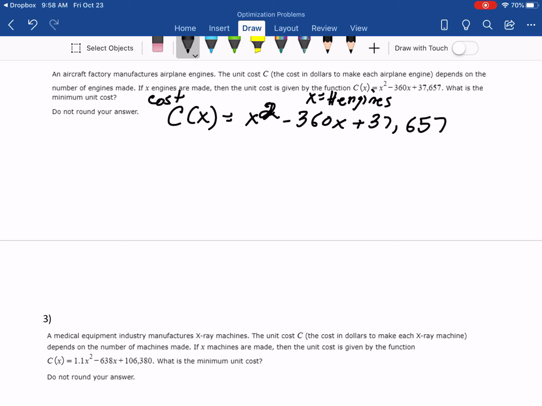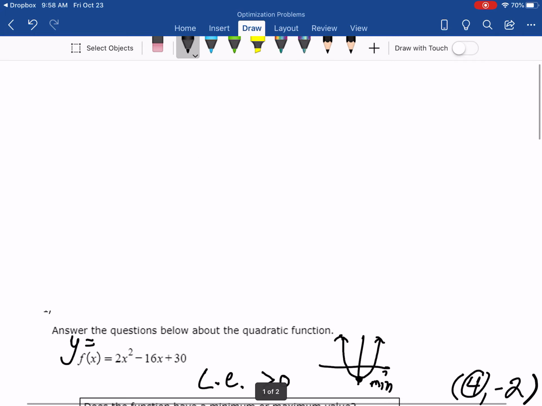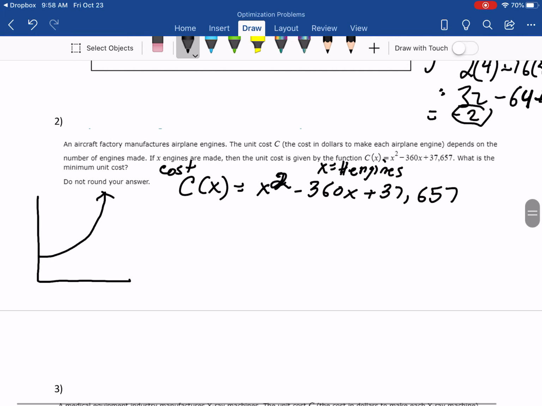So this will be a smiling parabola. The graph looks something like this. Notice I only included the first quadrant because negatives are meaningless here. You can't have negative engines. So let's find that vertex. To get the x-coordinate of the vertex, x is negative b over 2a.